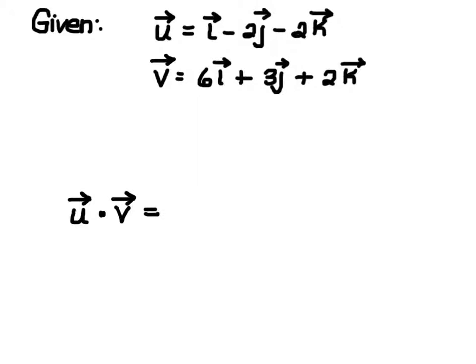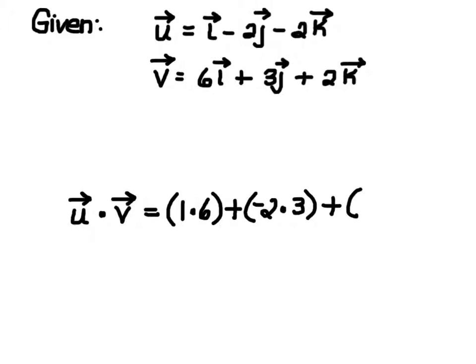And that is going to be the product of 1, the one that's in front of this i, times the 6 that's in front of this i, plus the product of -2 times 3, that's in front of the j, plus the product of -2, which is in front of the k, times 2, which is in front of the k for v.